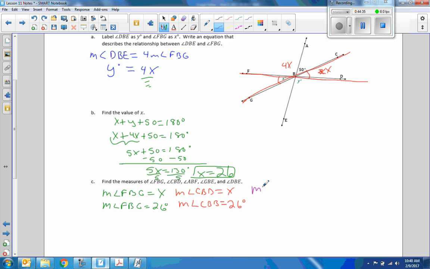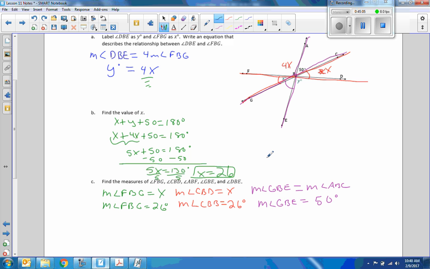And then finally, the measure of angle GBE. Where is it? GBE is here. It's vertical to ABC, so I will say they're equal. And so therefore the measure of angle GBE equals the measure of angle ABC, which is 50 degrees.